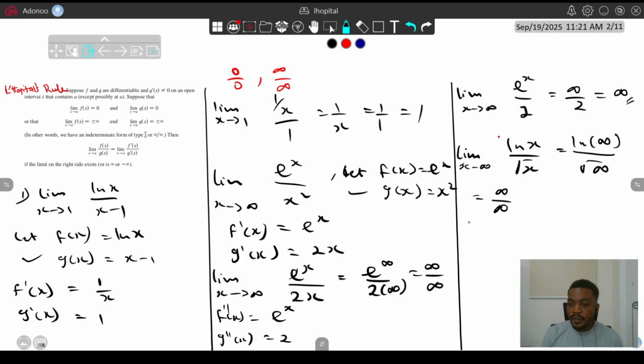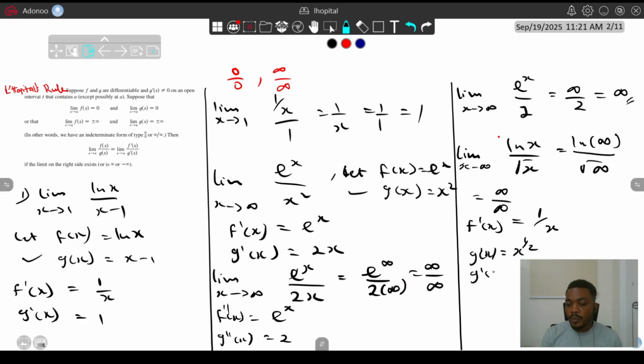So if we find f prime of x, which is the numerator, what do we get? The derivative of ln x is 1 over x. And then if you differentiate the denominator, we have g prime. So g of x is equal, let's break it down a bit, to x raised to the power half.